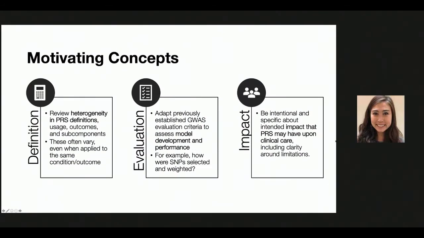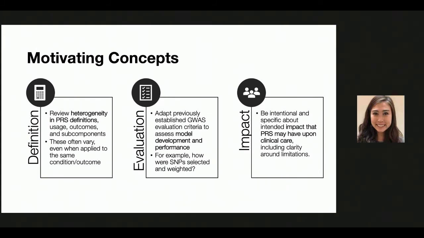Okay, so all of this led us to want to address three things in our reporting standards. First, we wanted more specific definitions of how people interpret or reproduce the things they report on. Second, we wanted to incorporate what we already observed in terms of best practices for evaluating performance.